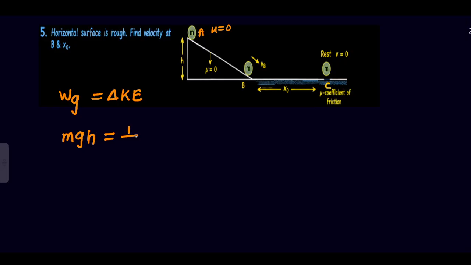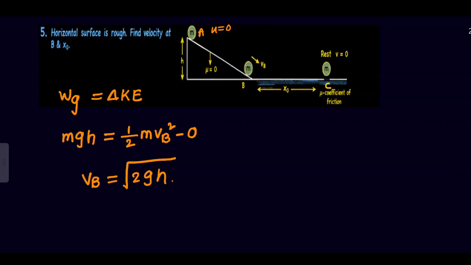That is, final kinetic energy is half m Vb squared minus initial kinetic energy 0. So then from this, cancel, and Vb, the velocity at the point B, will come to be how much? Square root of 2gh. This is the velocity at the point B, right?